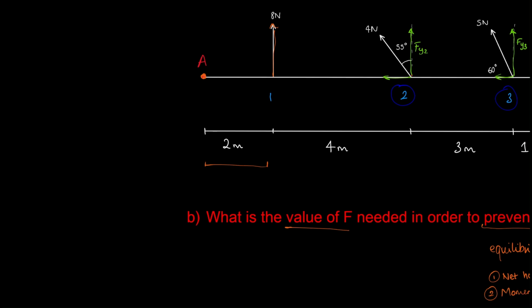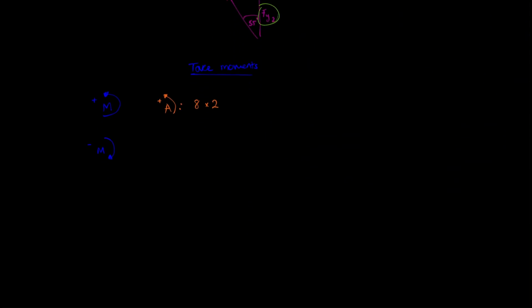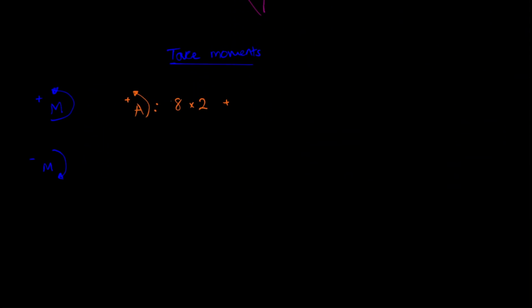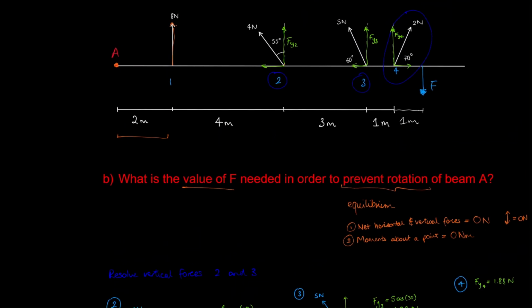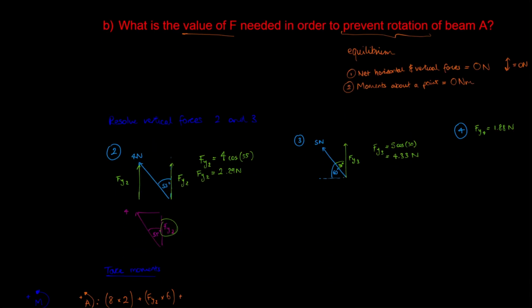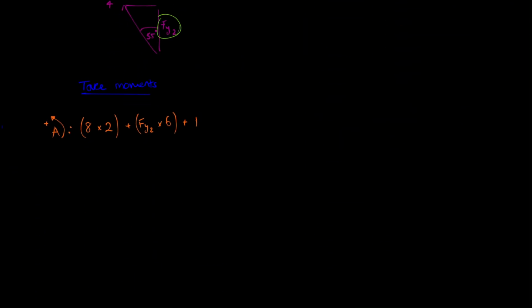So Fy2 is going in the positive direction as well, at a distance of 6 meters. Fy2 times by 6 meters, plus Fy3 is also in the positive direction, at a distance of 9 meters. Fy3 times by 9.